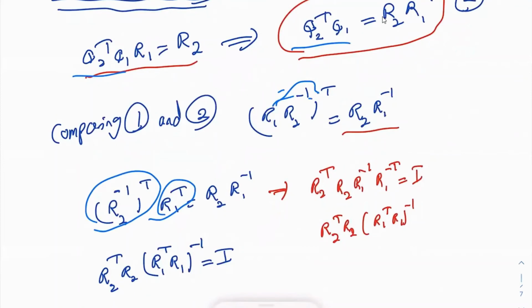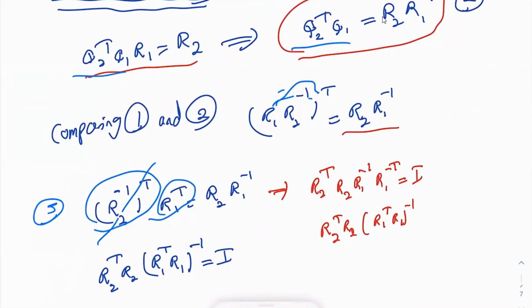Now, go ahead and do this one step by step. First, multiply both sides of this, I will call this equation 3, by R2 transpose from the left. Why do I do that? I want to get rid of this stuff, right? This is R2 negative transpose. I'm going to multiply by R2 transpose.